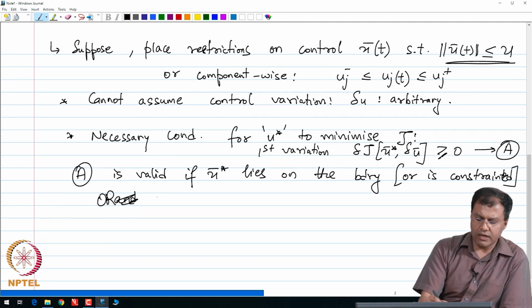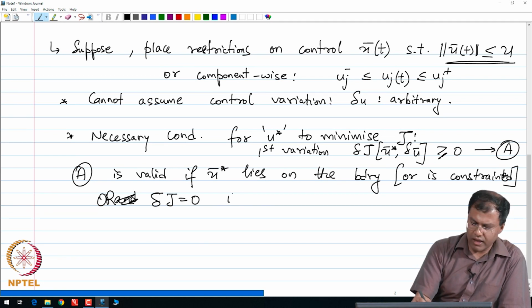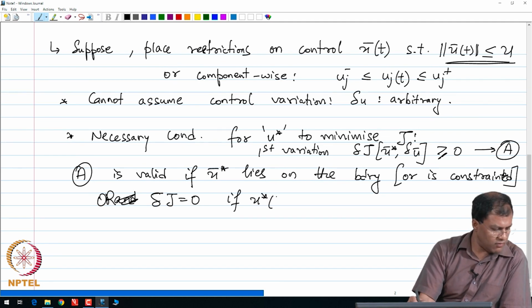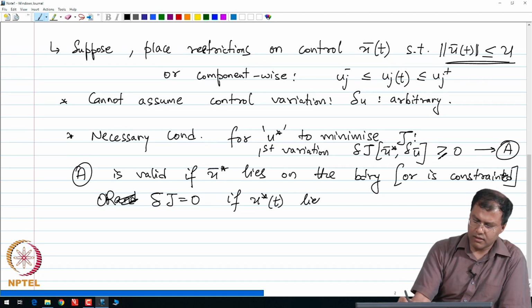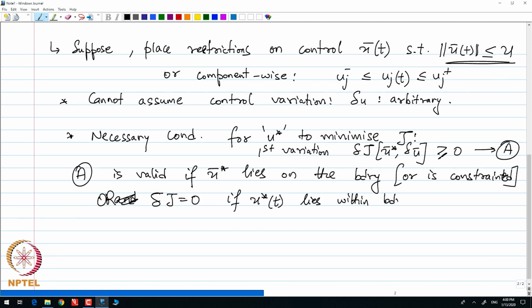or the other case is that the first variation is 0 if u star of t lies within the boundary, or has no constraints.